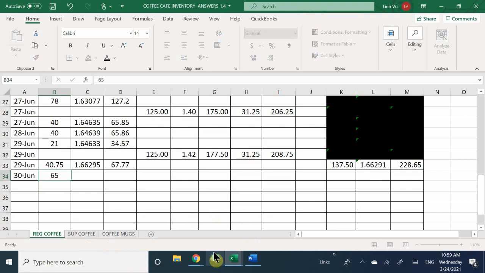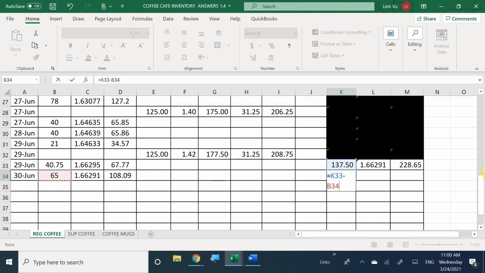65. We sold 65 pounds, all right, at $1.66. So my total should be what? What's my total cost of goods sold? 108.09. So let's update my inventory right now.